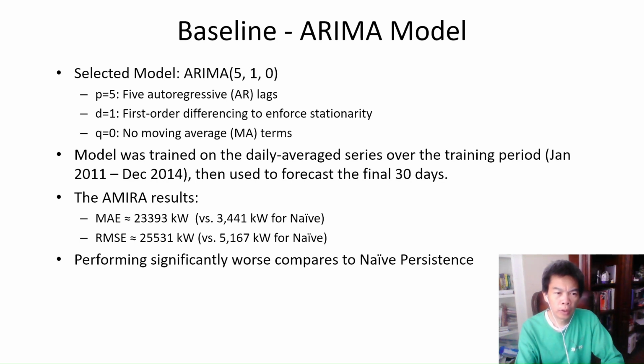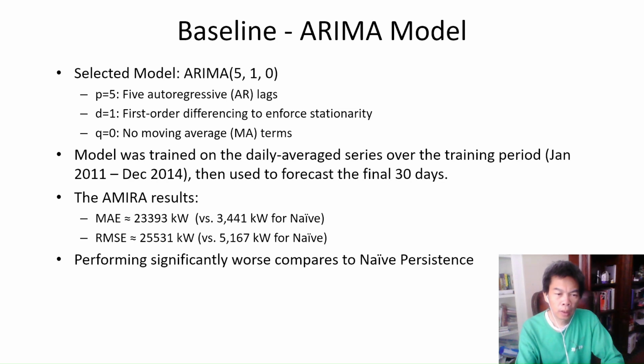So the model will train on the daily average series over the training period from January 2011 to December 2014, then be used to forecast the final 30 days. The ARIMA result has an MAE around 33,000 kilowatts and an RMSE around 35,000 kilowatts.